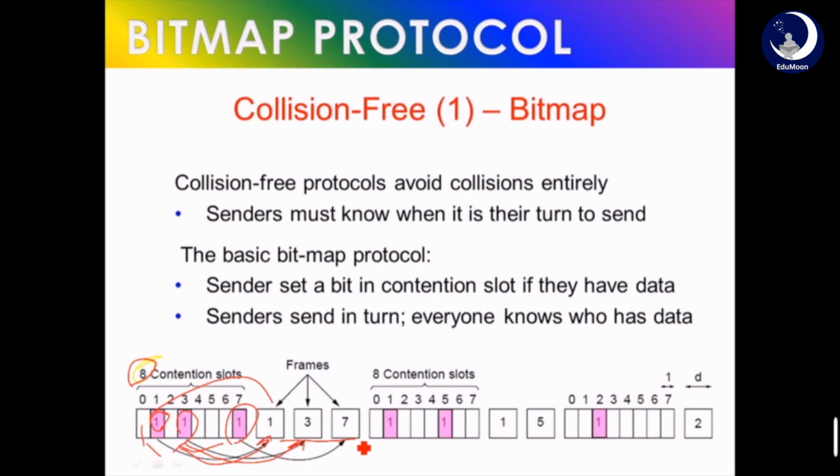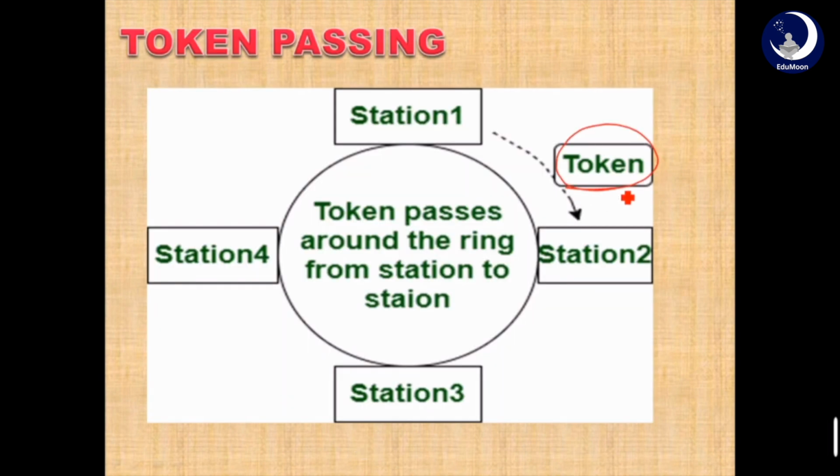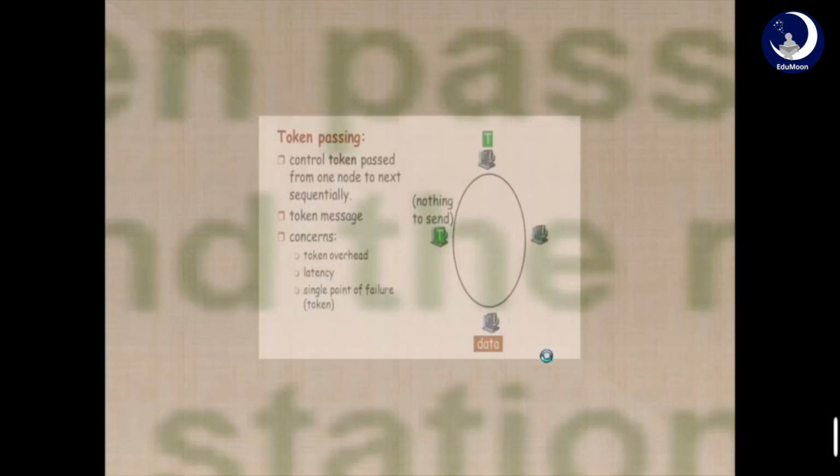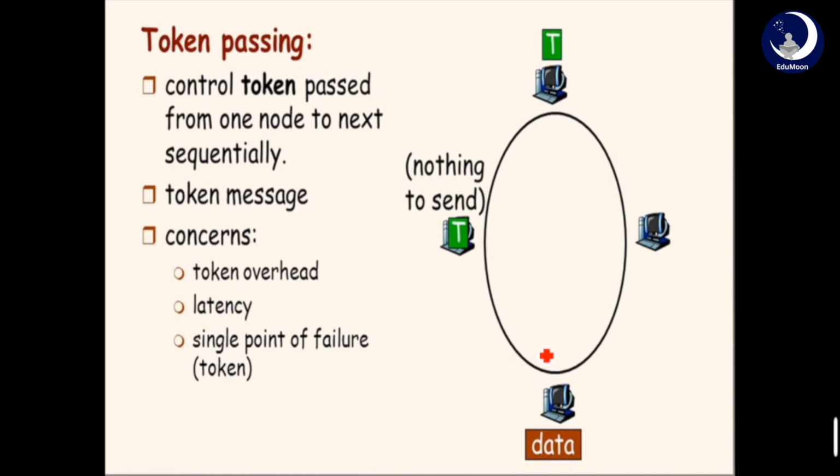Next, coming to token passing, it's another way to reduce collision. Here we use tokens, which are small messages that pass from one station to another station in a circular manner. This follows a circular topology, and the token represents a permission to send data.